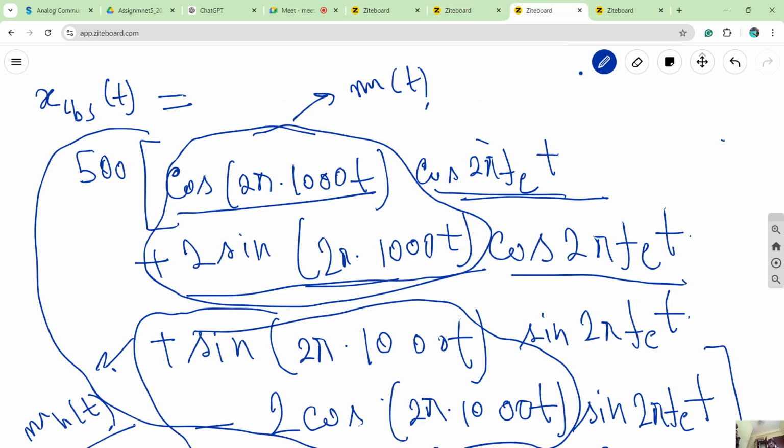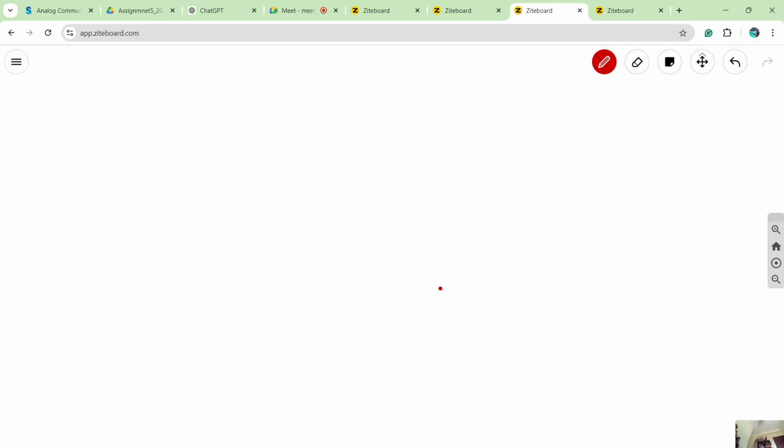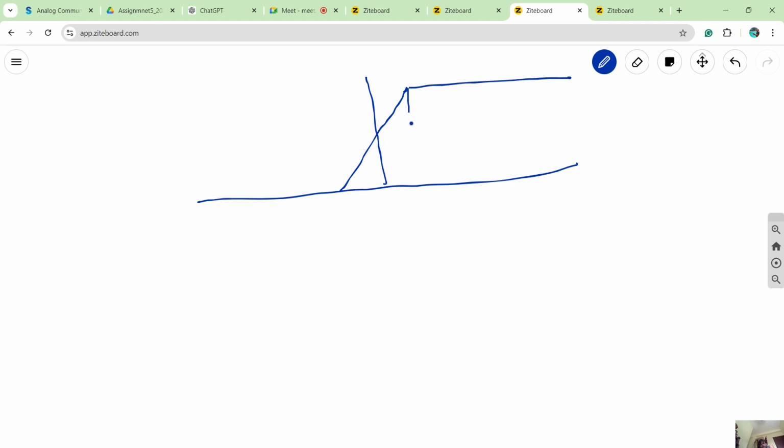So just draw this picture again. Make it clear. So the excess bandwidth is this part, because in single sideband they do not take the other half.